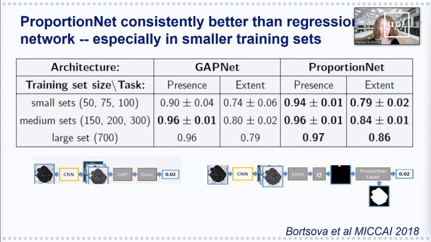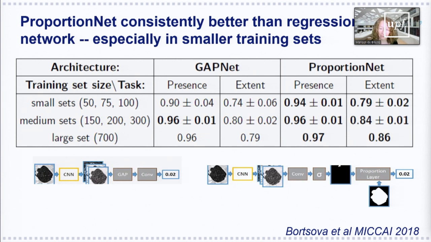You see here the results of our proportion net, which tries to estimate the right proportion of emphysema, where we compare it to a global average pooling net, which only tries to predict the visual score, but without using the knowledge that it is actually a proportion and should be between these percentage cutoffs.